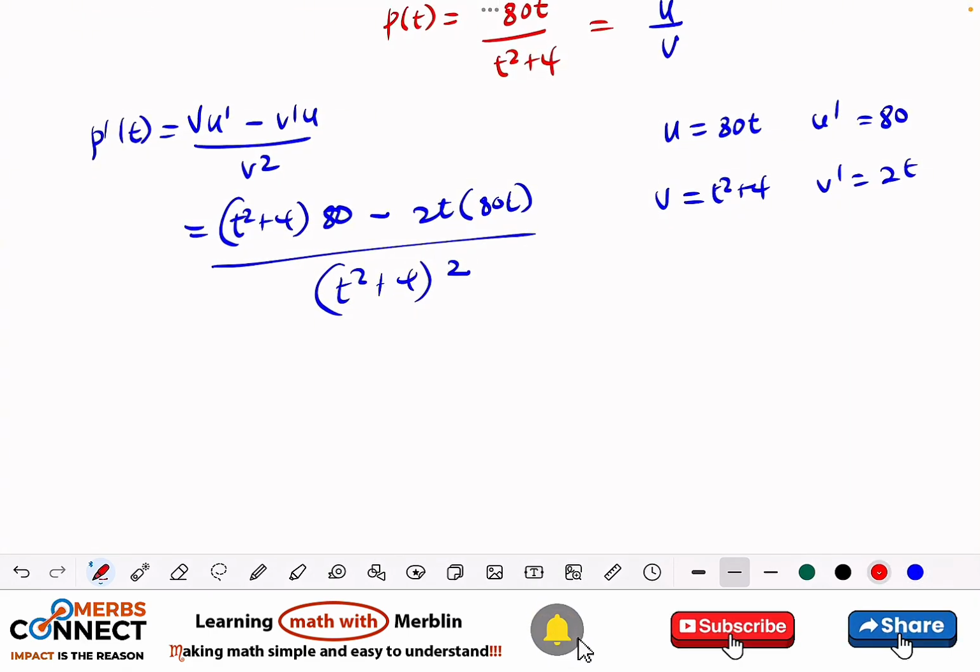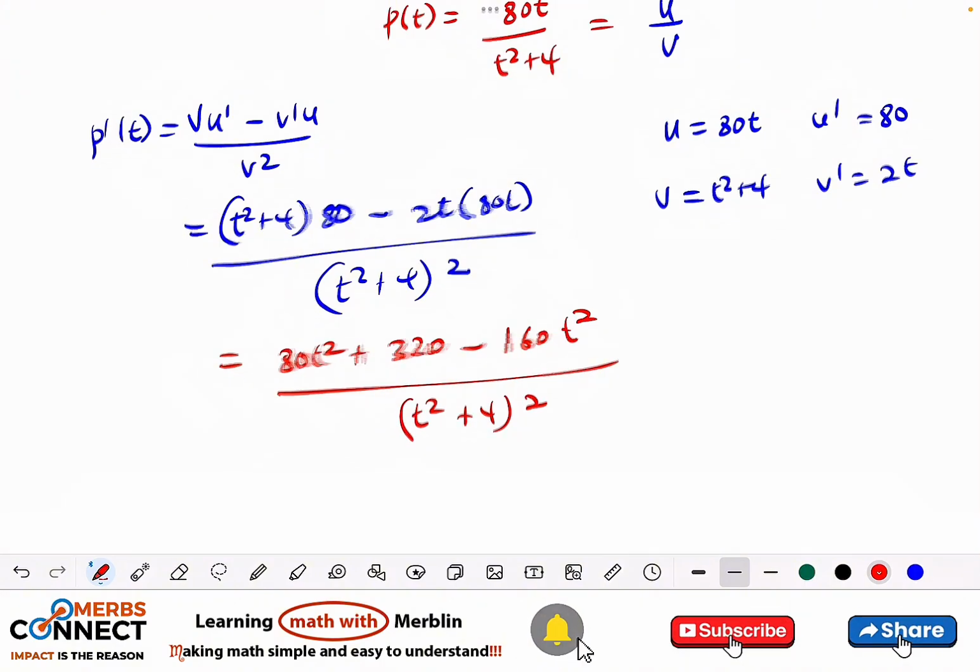Now let's try and simplify what we have there. So we are going to have 80t squared plus 80 times 4, which is 320, minus 160t squared, divided by t squared plus 4 all squared.